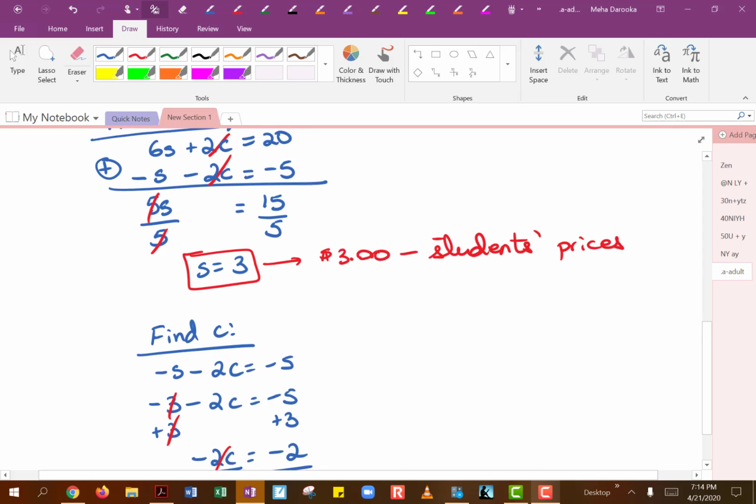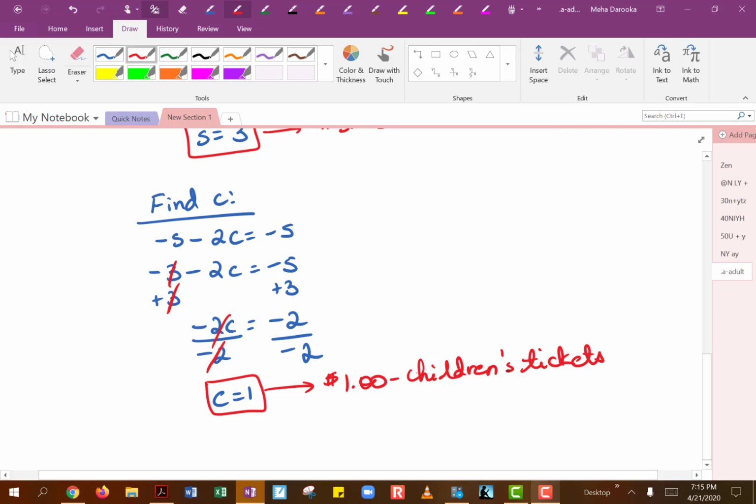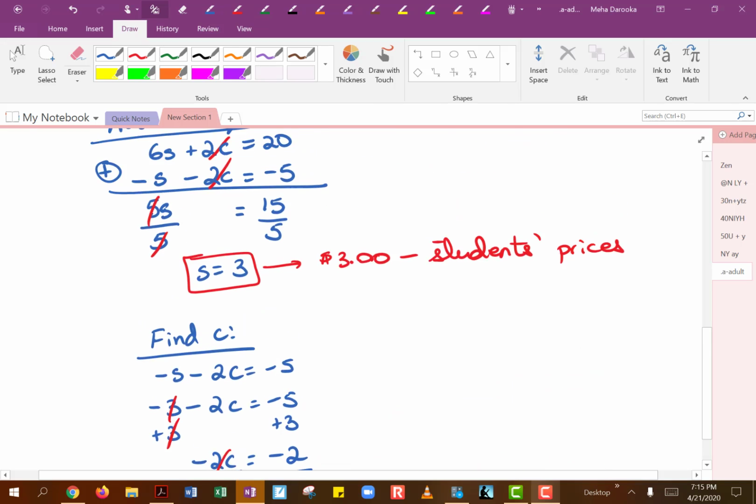And this will of course mean the children's tickets are only going to be $1 each. Okay, so we have found the student ticket prices and the children's ticket prices.